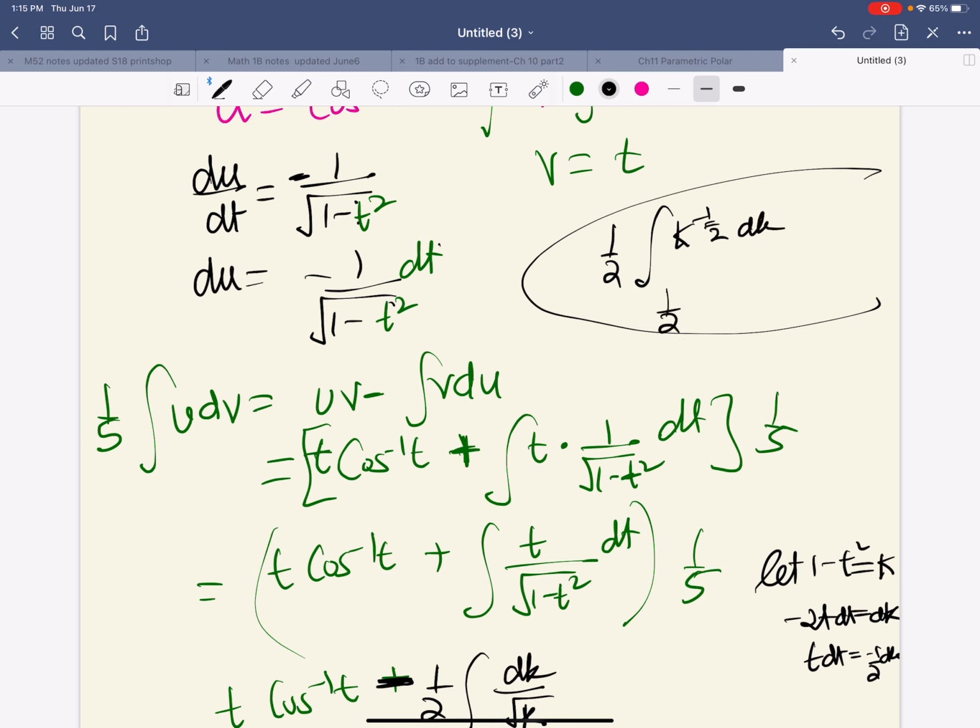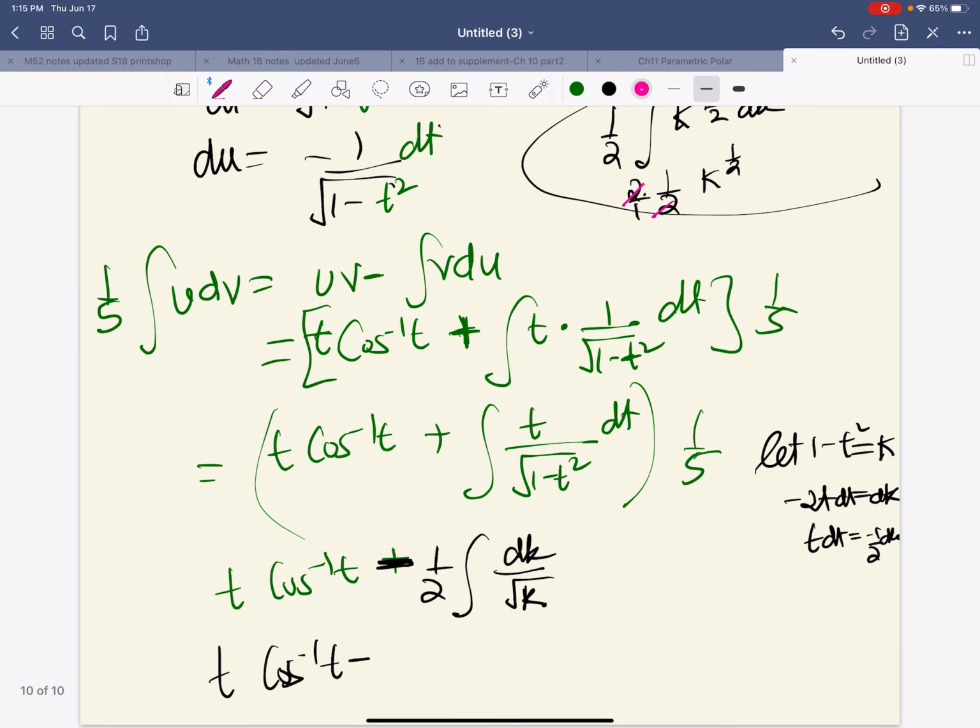When we do the integration, we add 1 to the exponent. Negative 1/2 plus 1 is positive 1/2, and we divide by the new exponent, which means dividing by 1/2, which turns out to be 2 over 1. So it turns out to be k to the power half, and k was 1 minus t squared. The 1/2 we already took care of.